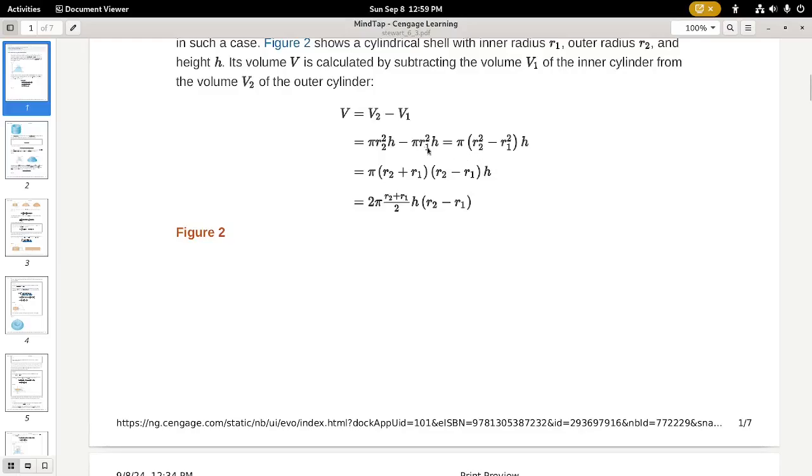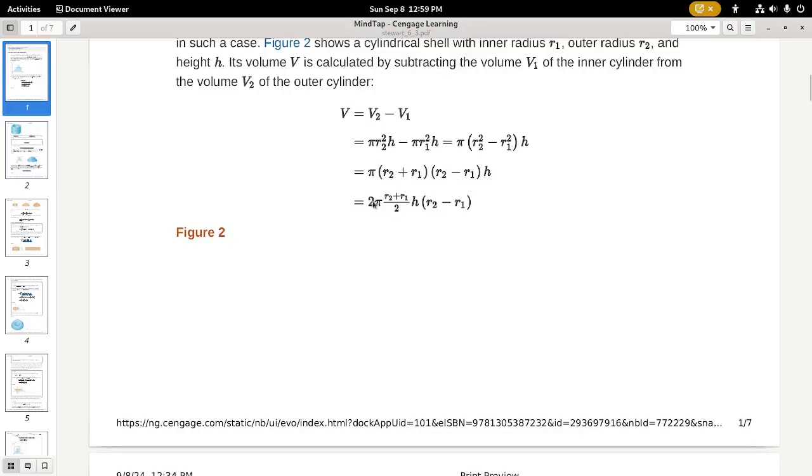you get this formula for it. And now, for reasons that will make sense later, we're going to rewrite this expression for the volume in a certain way. So we have this difference of squares, so we can factor it out as R2 plus R1, R2 minus R1.